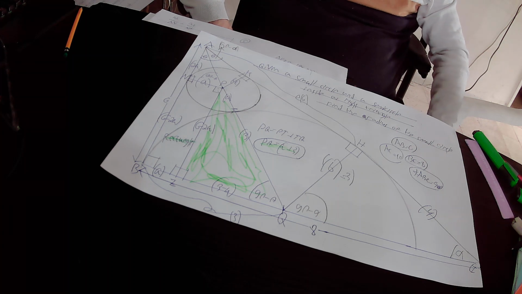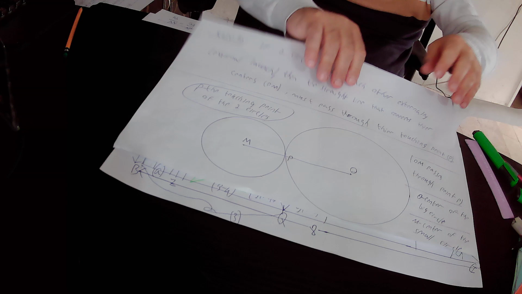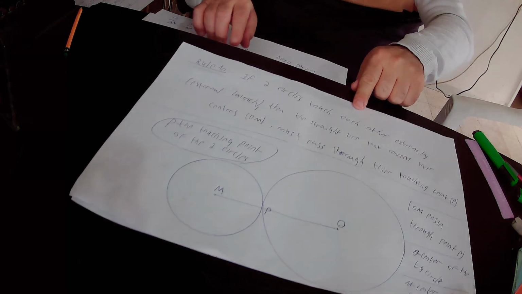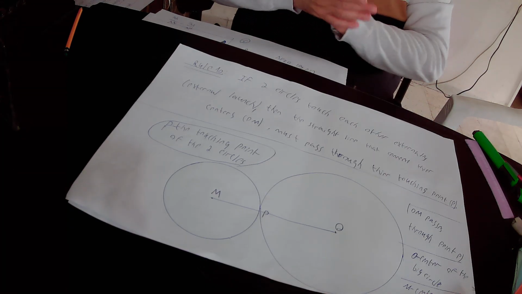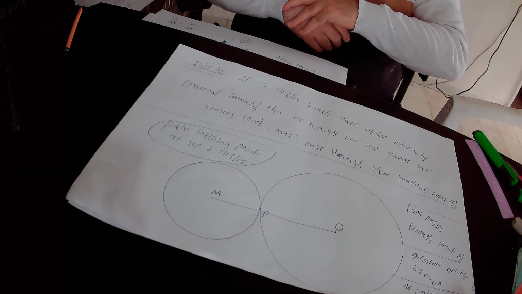I repeat quickly on rule 10. According to rule 10, if two circles touch each other externally, then the straight line that connects their centers together must pass through their touching point.